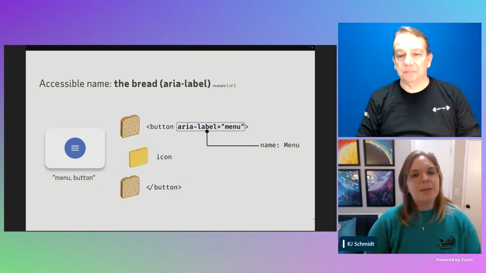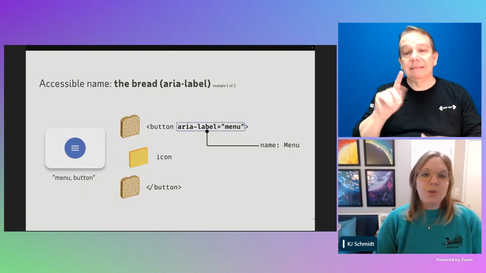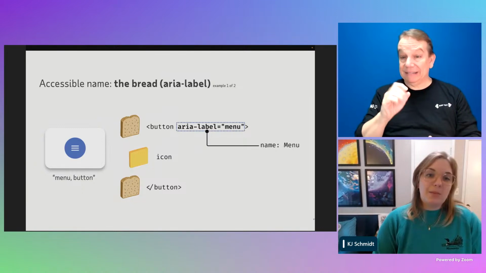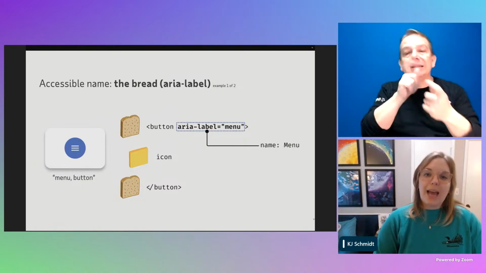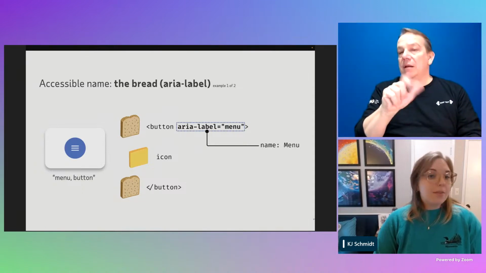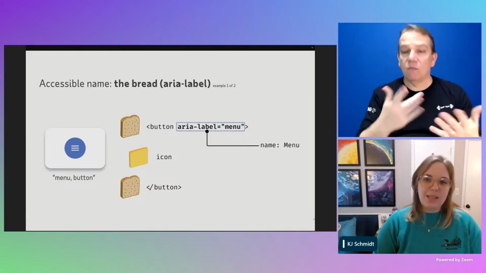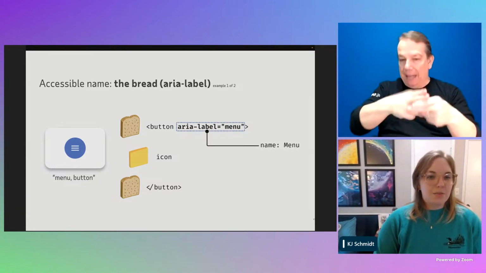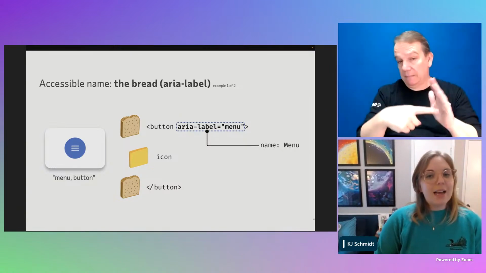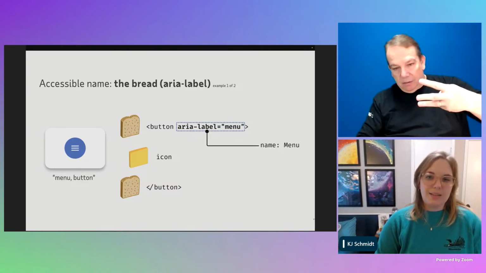But sometimes our elements don't have sufficient text or don't have any text at all. When the text inside the element isn't available or specific enough, we can add a name to the bread using the ARIA label attribute. Whatever value we put in the ARIA label attribute is going to be the accessible name of the element. For instance, in this example, I have a blue button with a hamburger menu icon and no text.